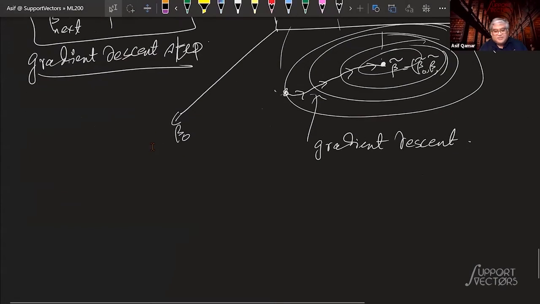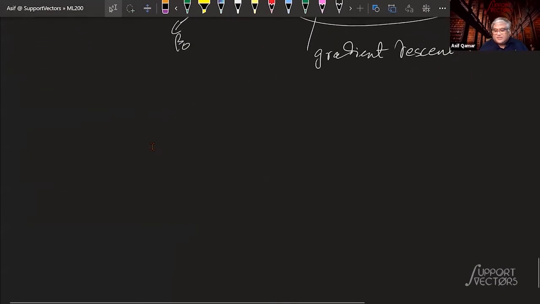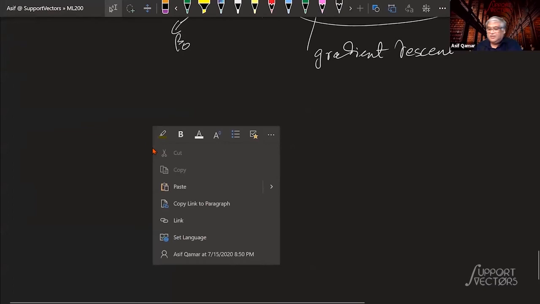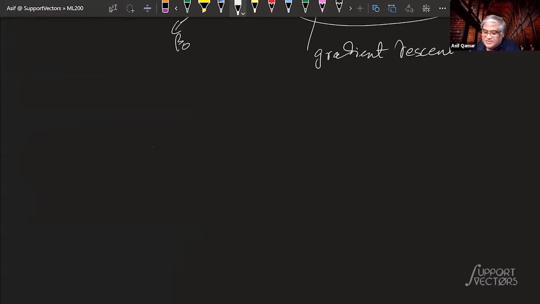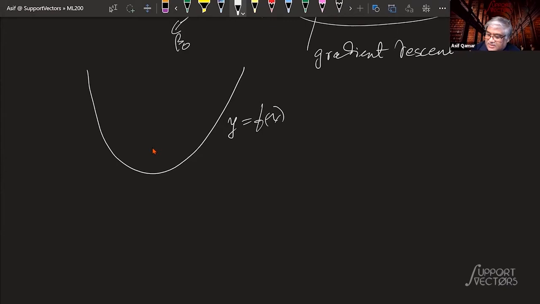To motivate this, I will take a simple example about gradients to illustrate a point. If you have a function y equal to f(x) that looks like this, it could, for example, be something plus something times x squared.